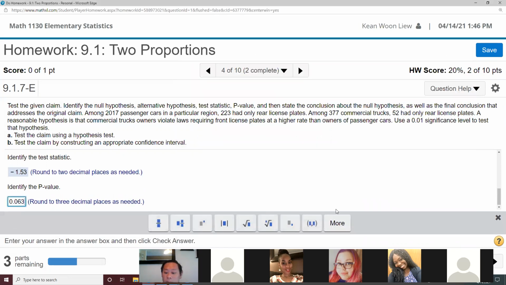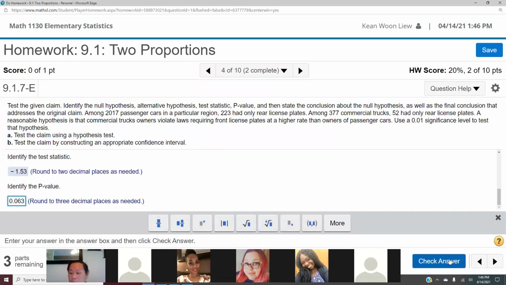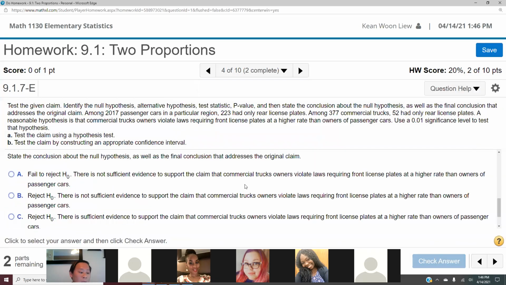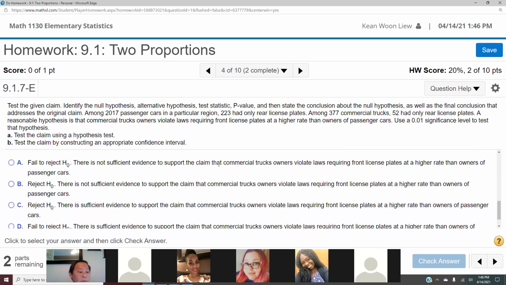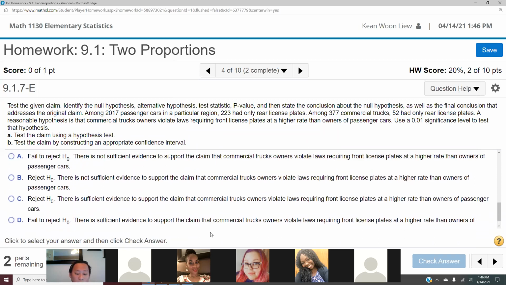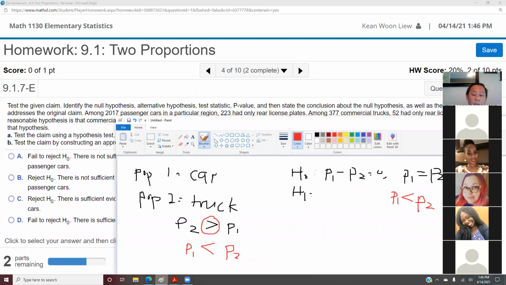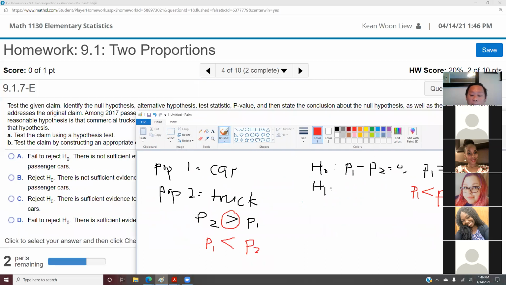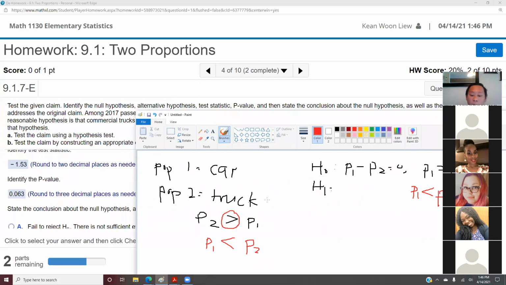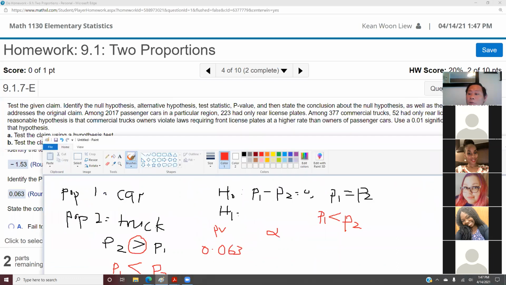0.063. And now you figure out your p-value and your alpha. What we have here is my p-value is 0.063. That's my p-value. And my alpha significance level is given to us by what? It should be 0.01.